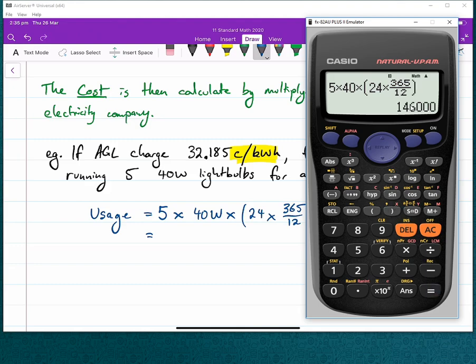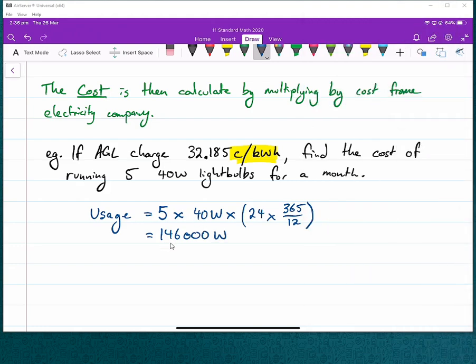So that is 146,000 watts being used for the month, but we want that as kilowatts, so that's going to be 146 hours. This has become watt hours because we've times this by how many hours there are in a month. Okay, so that's hours, and that's times by the watts, so that's why it's watt hours. And now change it to kilowatt hours.